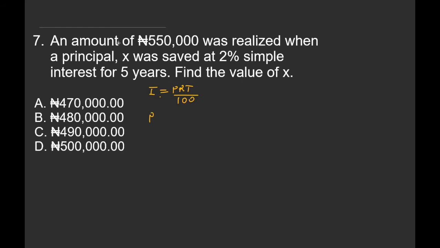Where the principal in this question was given as X, the rate was given at 2%, and the time was given as 5 years. Also, amount was given as 550,000 naira.